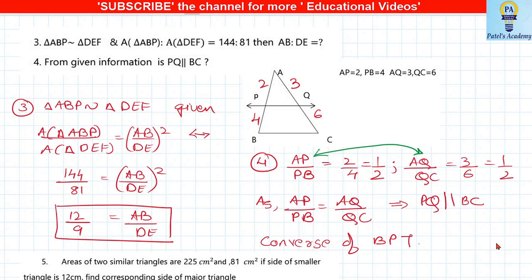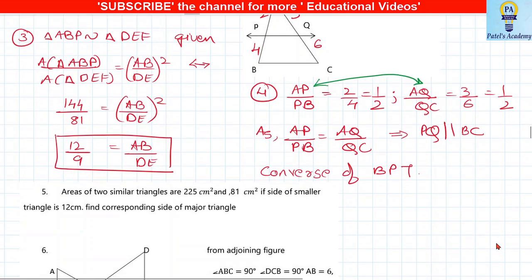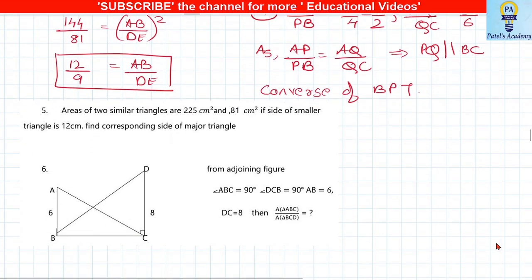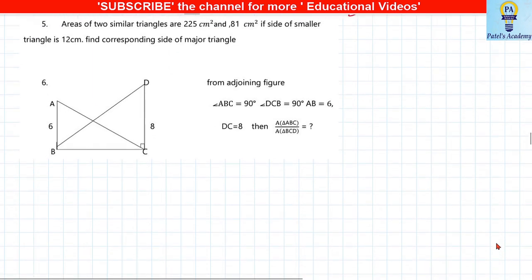Okay, remember the steps for this particular sum. Okay, let's see the next one, sum number 5. So again the same thing. This particular type of sum is repeating many times.